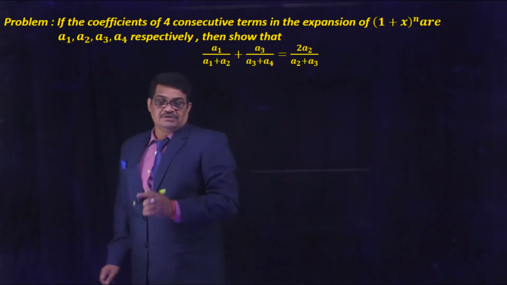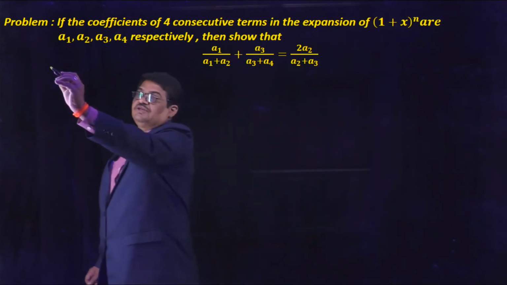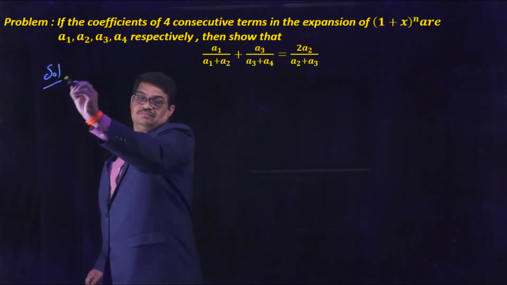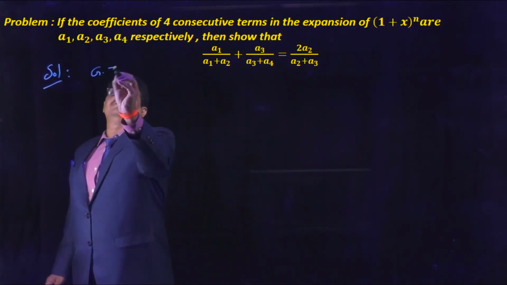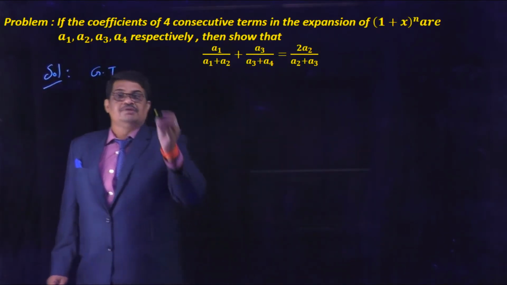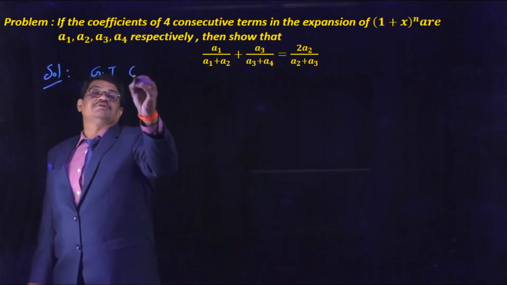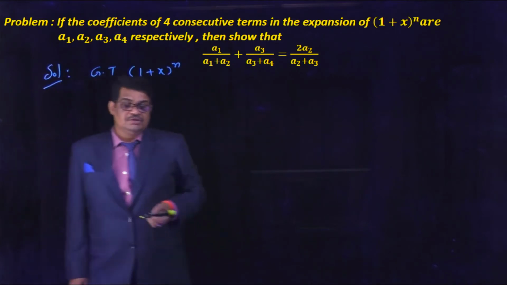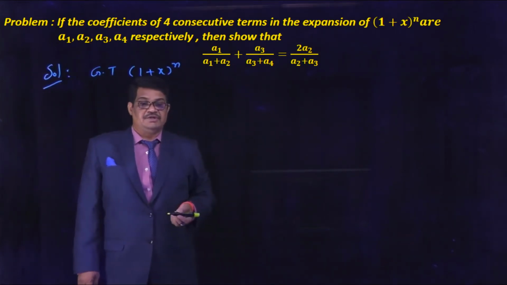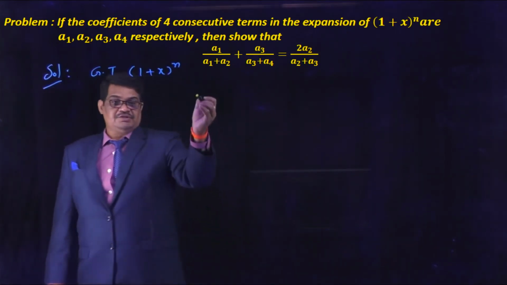Here, see the solution. What is given here? Given that the standard binomial expansion, that is (1 + x) to the power of n, can be written in the sigma notation.